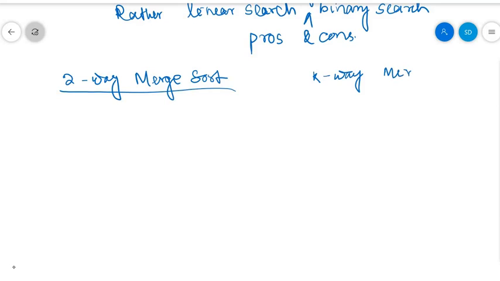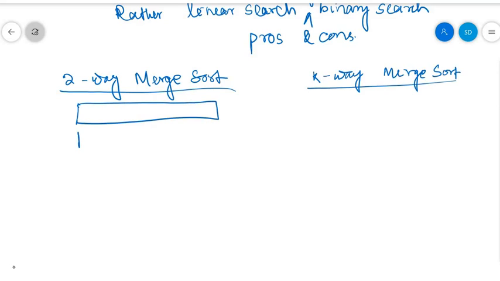In two-way merge sort, we divide the original input into exactly two sub-inputs.